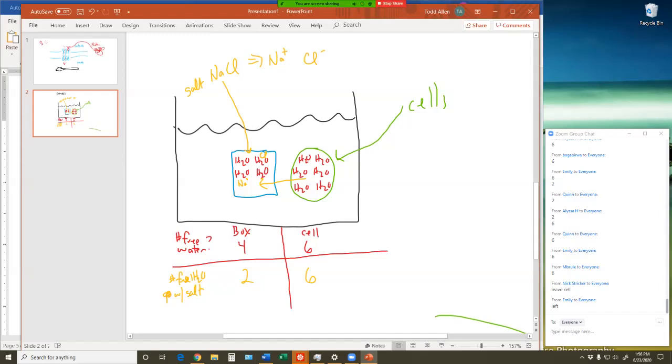Okay, so water will leave the cell and enter the box.